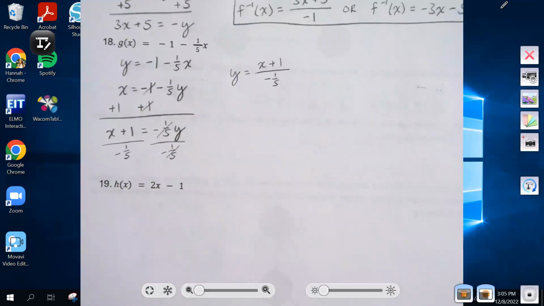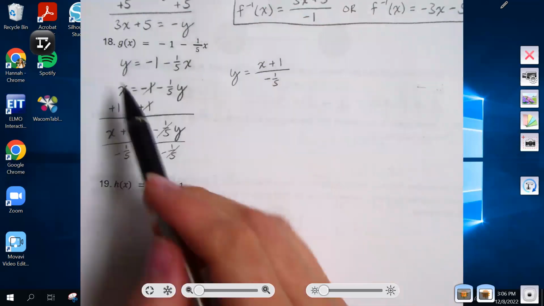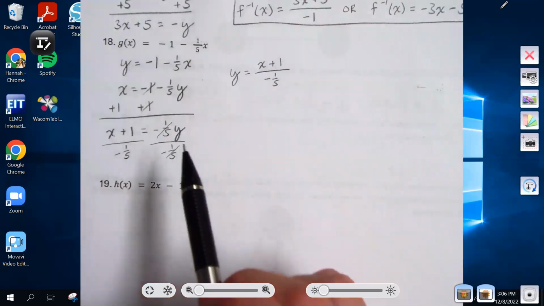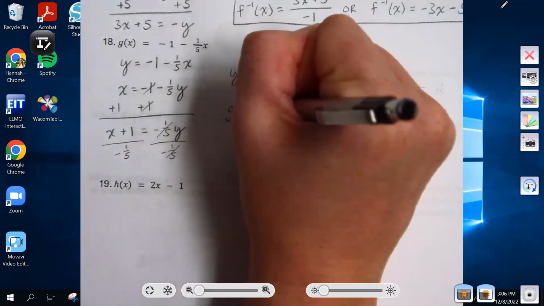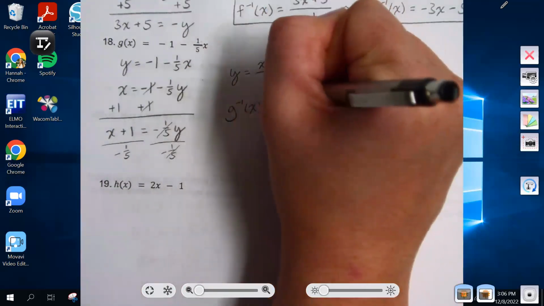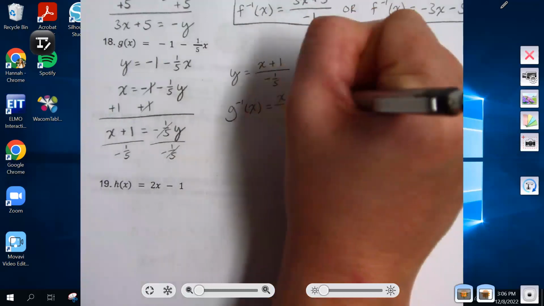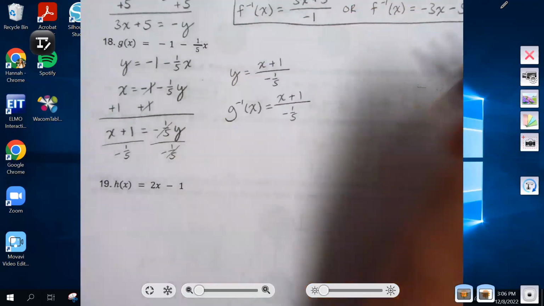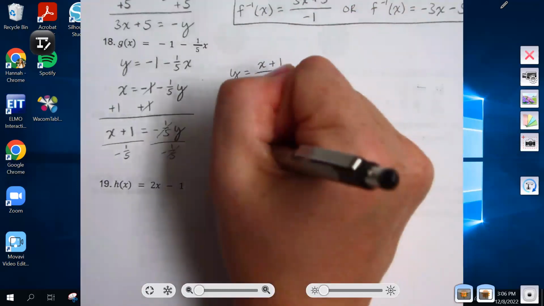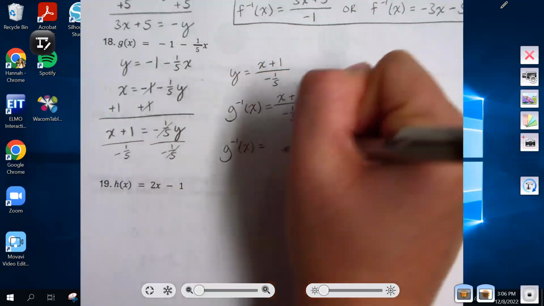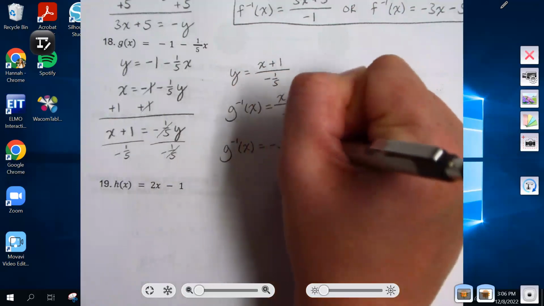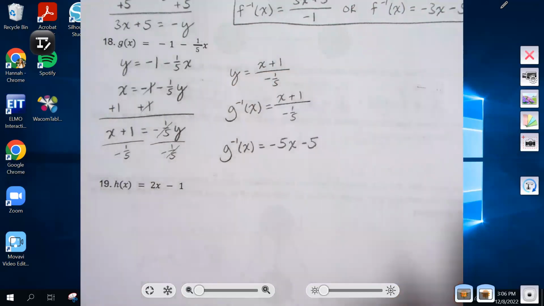I'm going to show you different ways that you could have this written and it still be correct. We started with g of x. So our inverse function notation would be g inverse of x. And we could leave this as a fraction, x plus 1 over negative 1/5. Or you could go ahead and divide by negative 1/5. That would give us negative 5x minus 5.